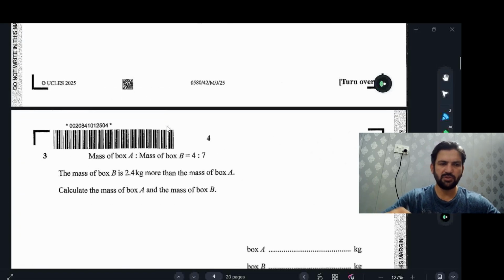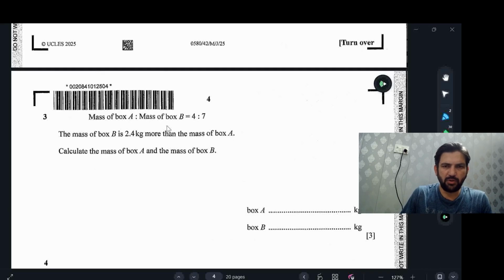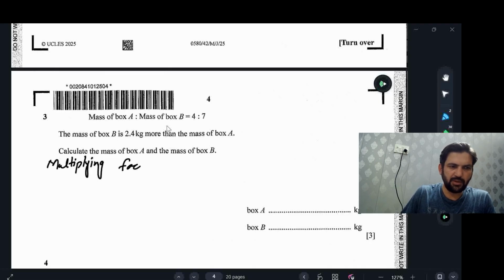Now question number 3: the mass of box B is 2.4 kg more than the mass of box A. Calculate the mass of box A and the mass of box B. Now we know that the multiplying factor is x.